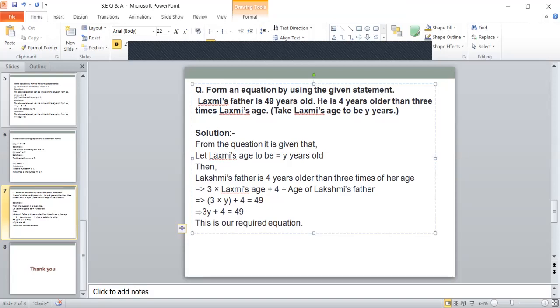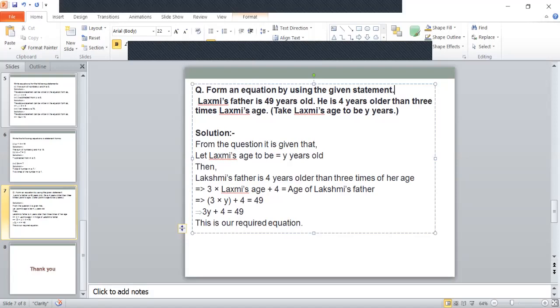Here the question is, form an equation by using the given statements. The statement is, Lakshmi's father is 49 years old. He is 4 years older than 3 times Lakshmi's age.